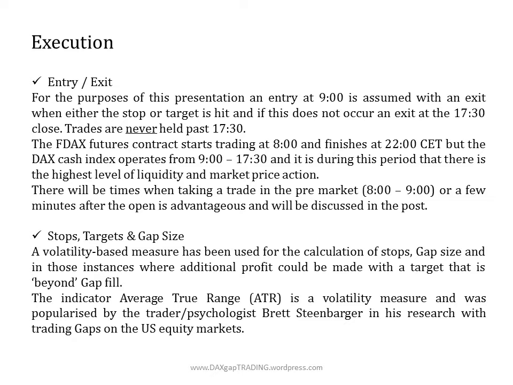Now, I don't find that using one particular stop level or one particular gap size is going to be useful because volatility does change on a day-to-day basis, and you should be looking to react to that volatility appropriately. So I've used the indicator, the average true range. It was popularized by a trader psychologist by the name of Brett Steenbarger in his research with trading gaps on the US equity markets.